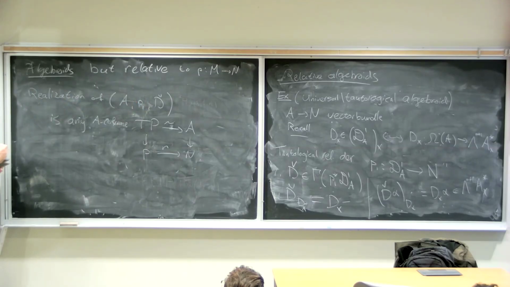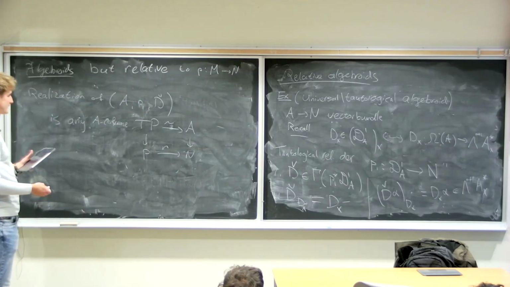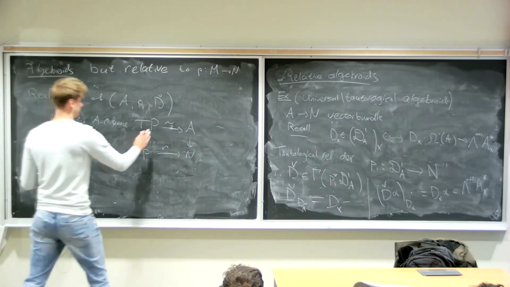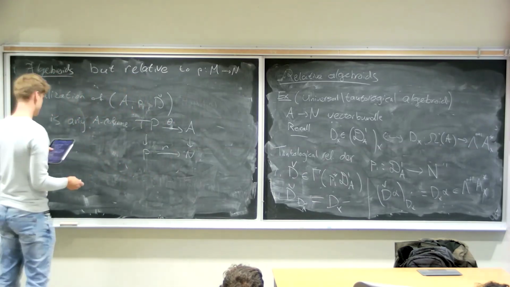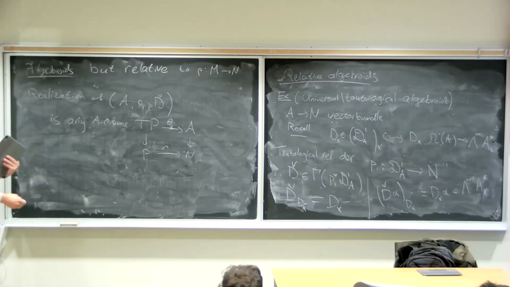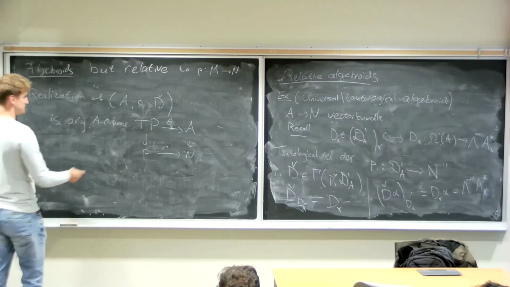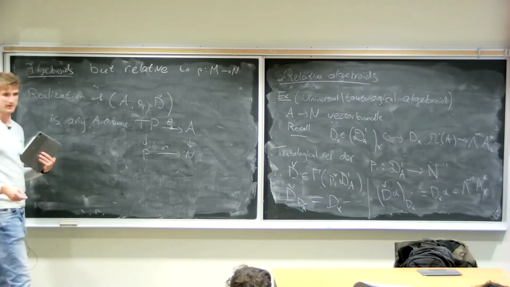Shouldn't P be mapping to the space of derivations, like to D1 of A? Yeah, so we need to define a map. This is like a theta, right? We need to define a map to the space of derivations, and that's what we use the de Rham differential for.